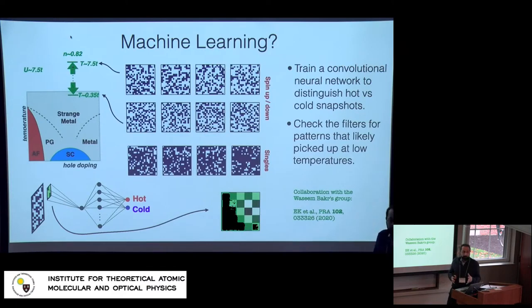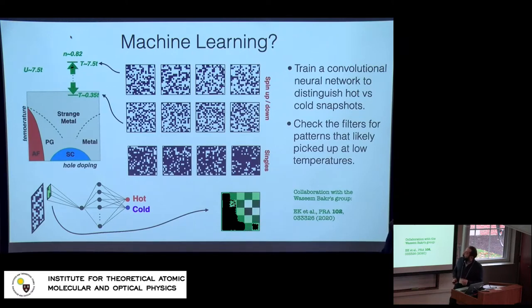Now, if you believe that at high temperatures everything is random and there are no really interesting patterns in your snapshots, you might be convinced that if you have a convolutional neural network, then the filters in your convolutional neural network that are directly in touch with the snapshots and convolve with them will pick up interesting patterns that might have appeared at low temperatures in your snapshots. So simply by doing this training and then looking at the filters, we thought we could look for interesting physics.